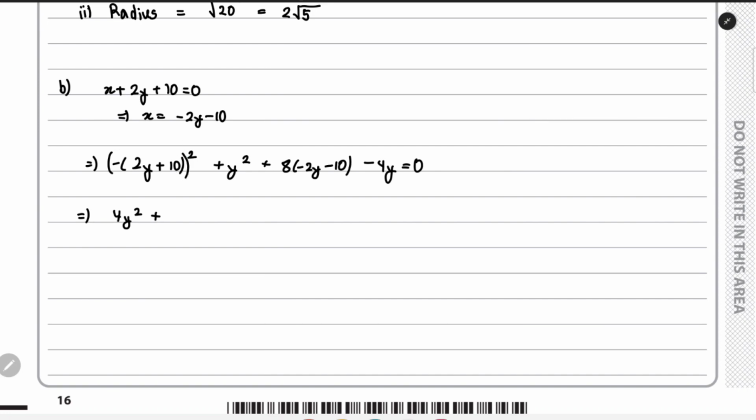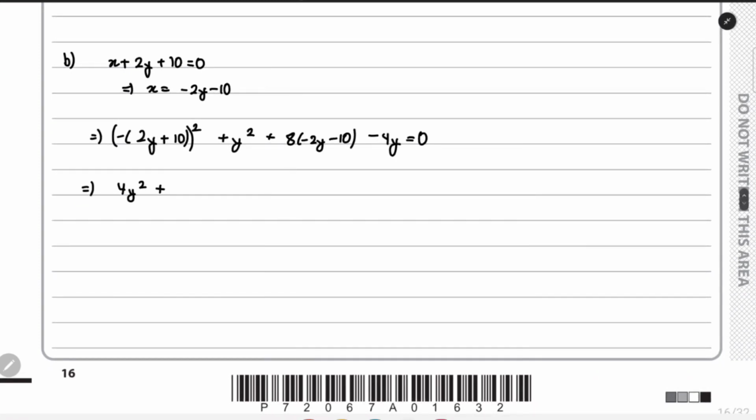When we expand it, we'll get 4y square plus 2 into 10 into 2, so plus 40y, plus 10 square is 100, plus y square, plus 8 times minus 2 is minus 16y, and 8 times minus 10 is minus 80.